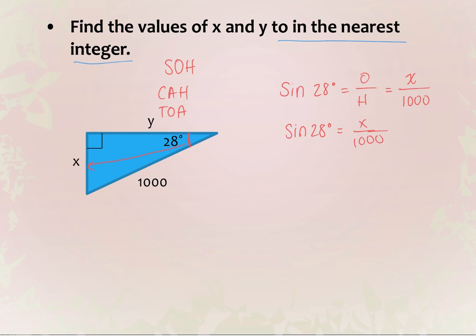Okay, all right. How do we solve for x, people? Multiply each by x. Not by x. By 1,000. Why do we multiply by 1,000?